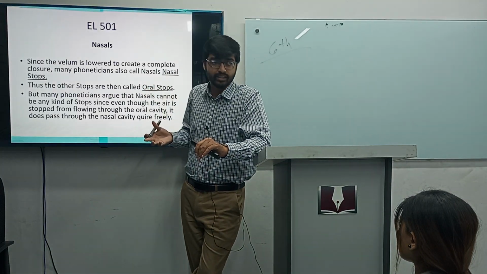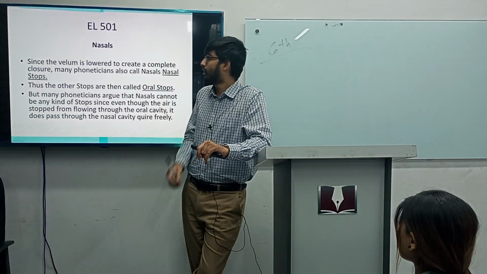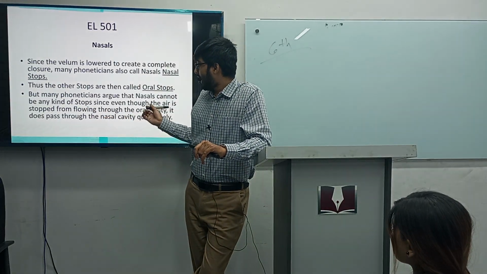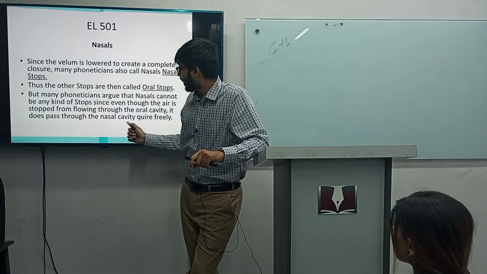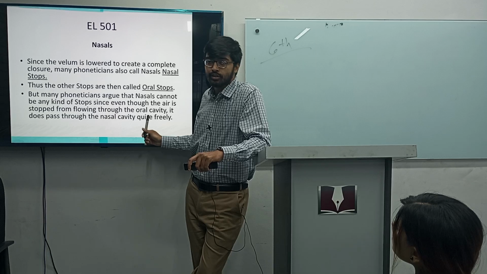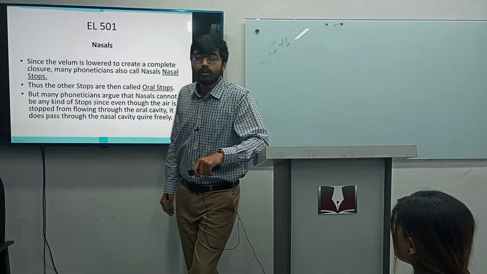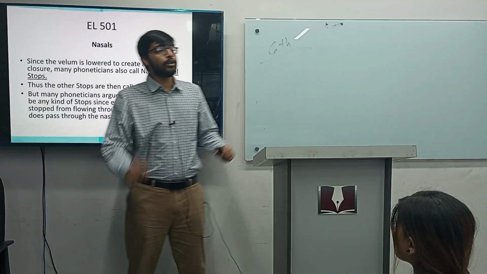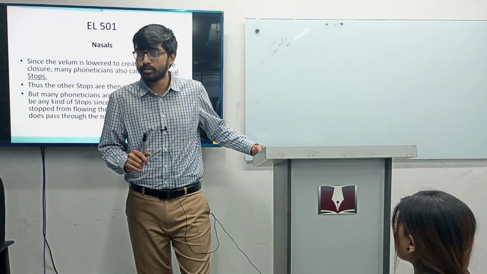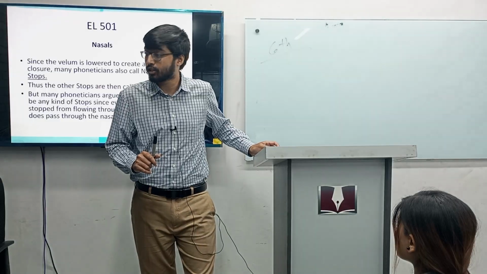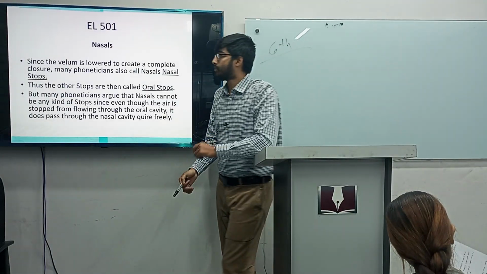Even though the air is stopped from flowing through the oral cavity, it passes through the nasal cavity quite freely. So there is only one kind of stop, the oral stop. There are nasal sounds, there are no nasal stops. Is that clear? It's very important.